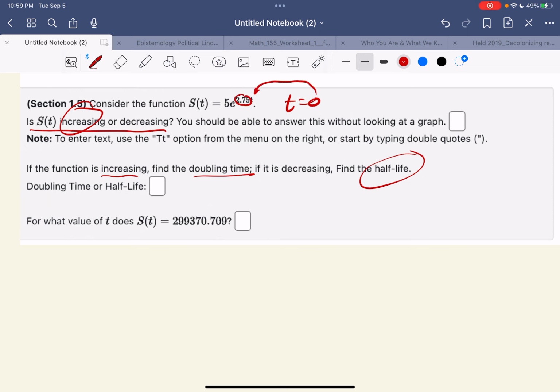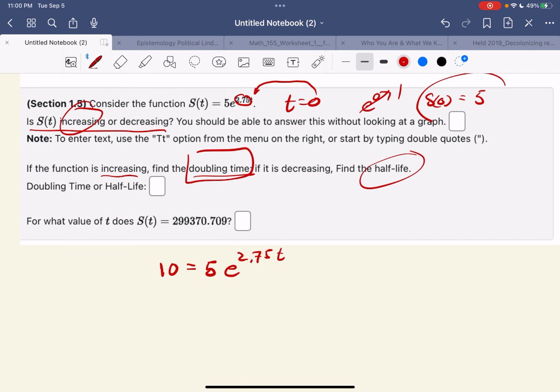That kills the whole exponent, and e to the 0 is 1. So all I'm really saying is s of 0 is 5. Now we want the doubling time. So 5 doubled is 10. 10 is going to equal 5 e to the 2.75 t.